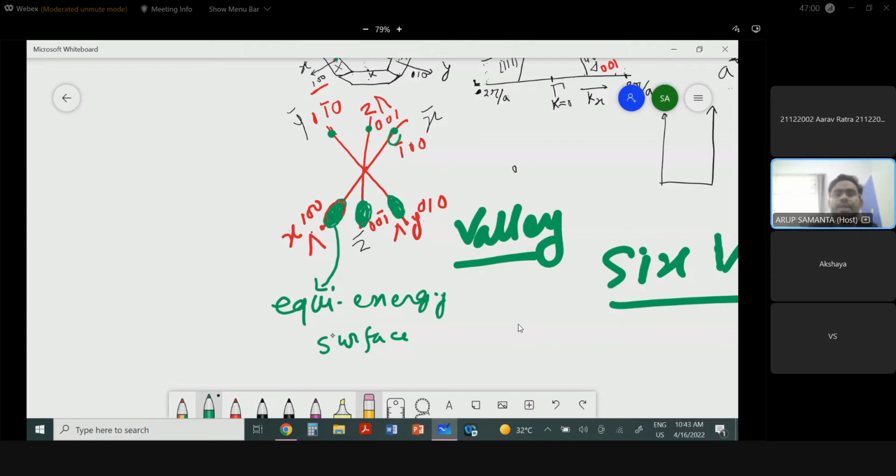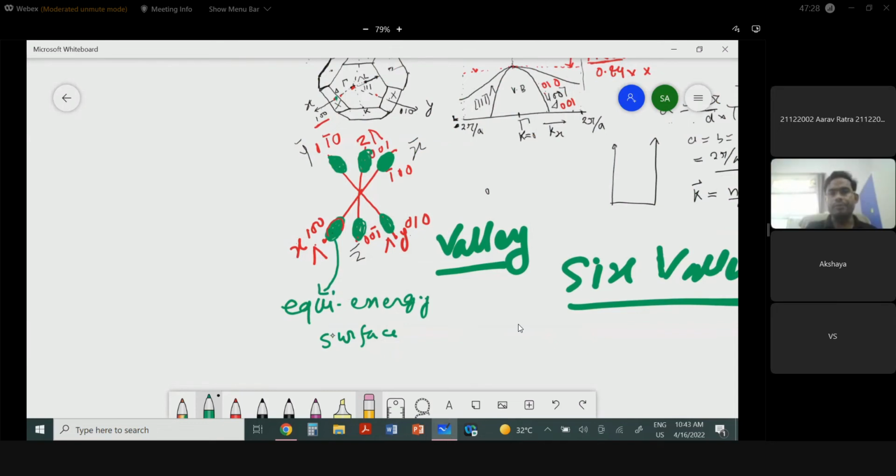Equal energy, and this X position will slightly vary, and you get rugby balls that all have the same energy, but the k value is slightly different for each. The minima position is different for each valley direction. You will get this 6 valley condition. This is for silicon.